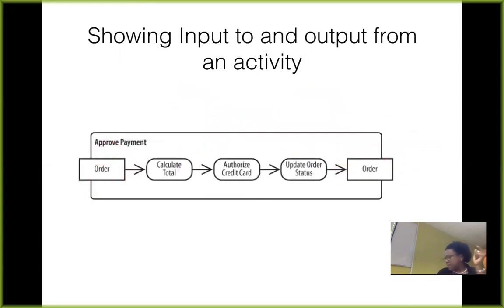Now your question is another question. The question is, shouldn't this have an initial node and a final node? And I never even thought of that. I wouldn't necessarily think of that.